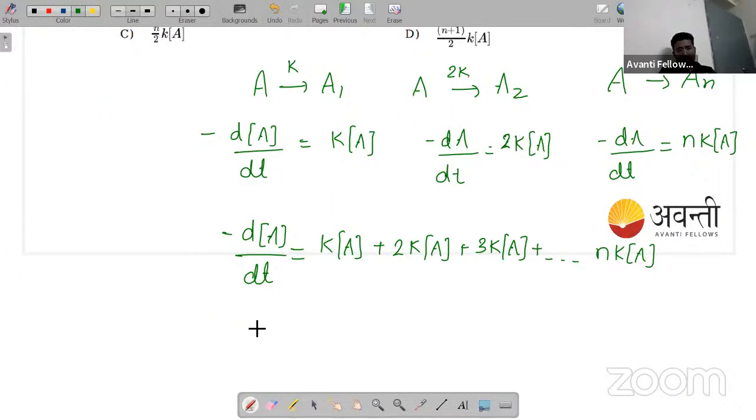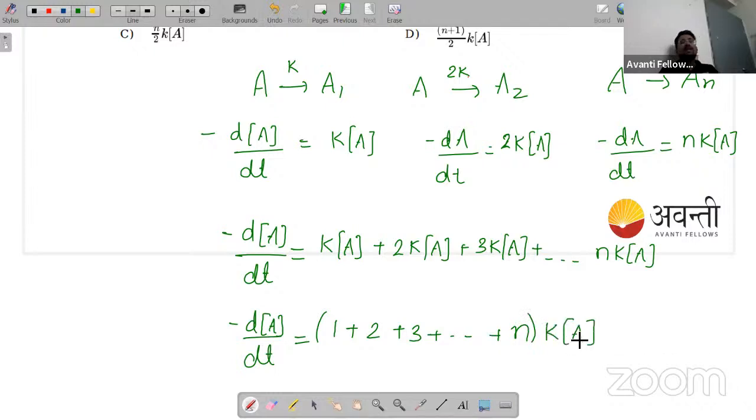Now, solving this equation further, minus dA by dt equal to 1 plus 2 plus 3 plus 4 up to N, into K into A.